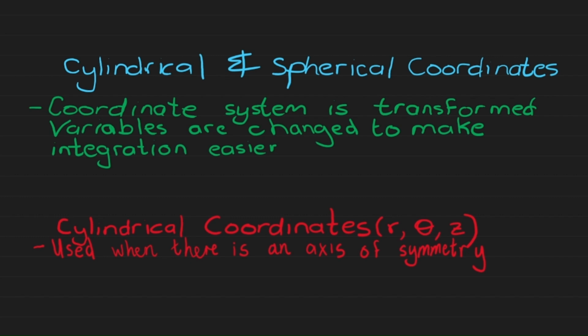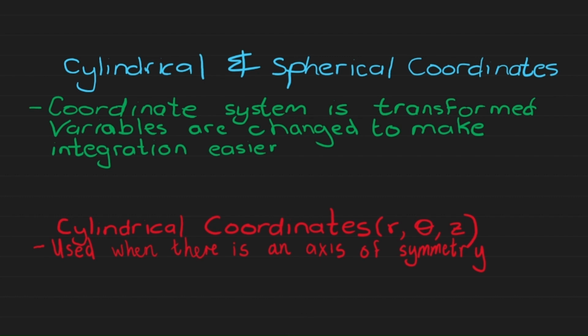Often when you change the variables to another coordinate system, we find that the integration becomes much easier. So cylindrical and spherical coordinates are two different coordinate systems. The variables are changed to be in terms of other variables, and what happens is that certain figures become much easier to evaluate, that is in terms of integration.